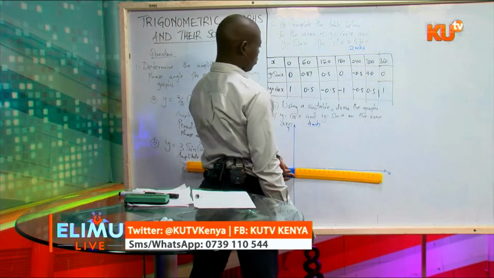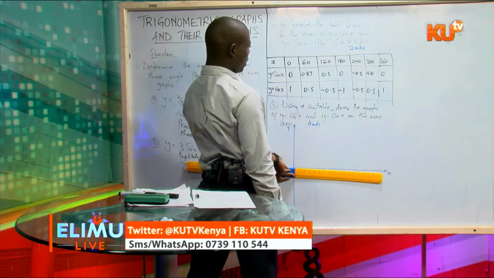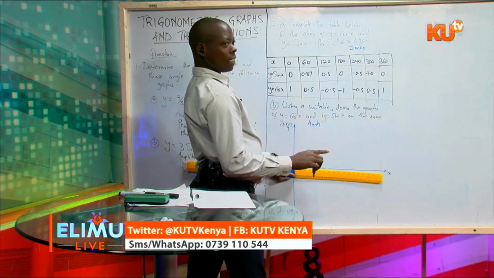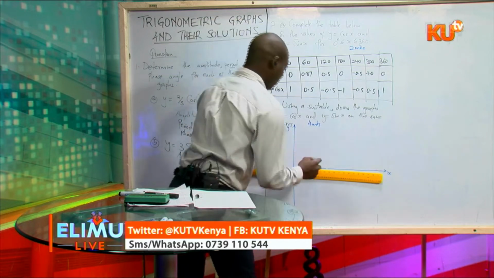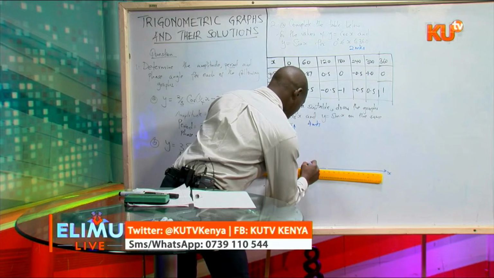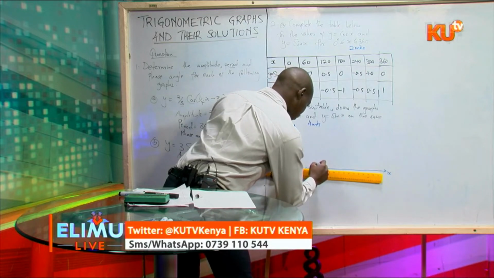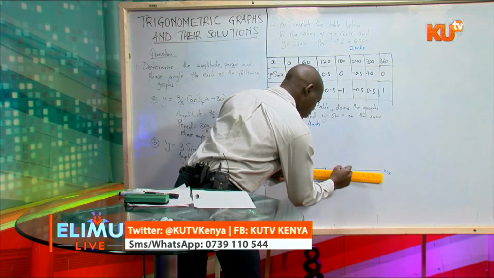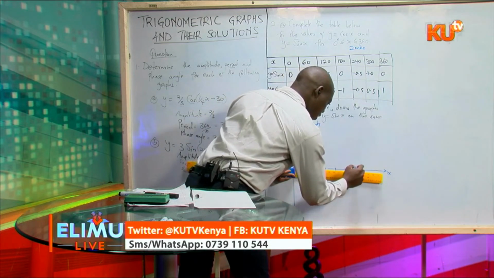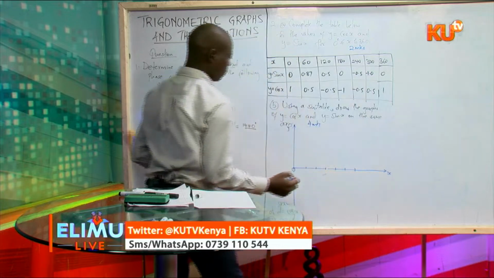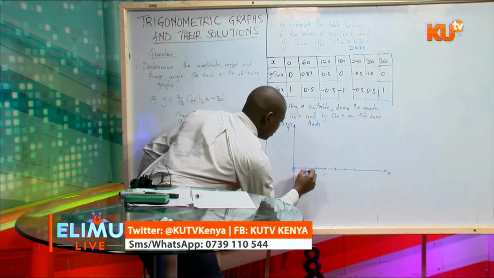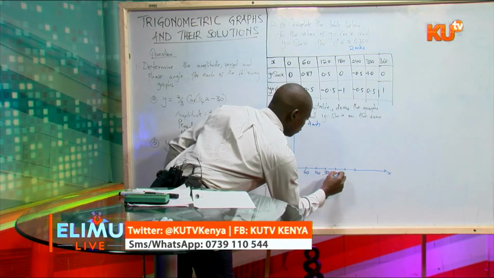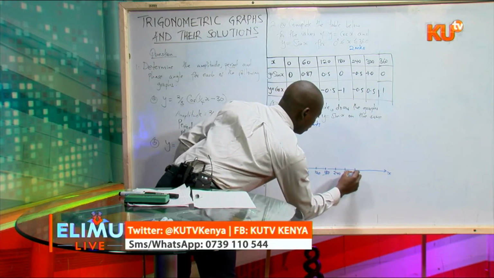Let's use a scale of 1 centimeter represents 60 on the x-axis. That is 60, 120, 180, 240, 300, and 360.